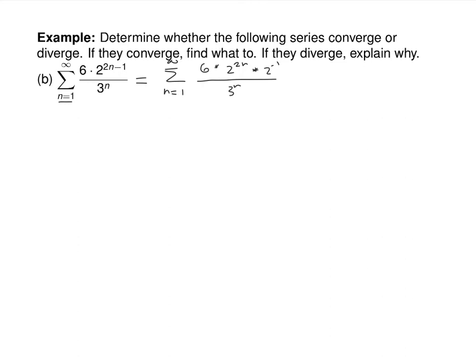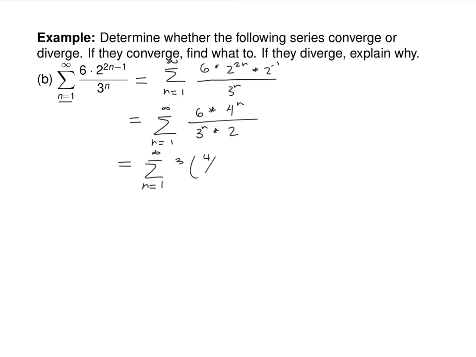I sort of undid that step. This becomes the sum from n equals 1 to infinity 6 times that 2 to the 2n, which is the same thing as 4 to the n, over 3 to the n times 2. Now that 6 over 2 can reduce to 3.